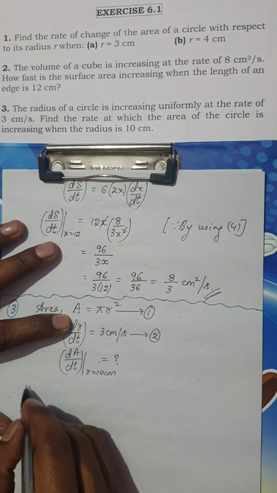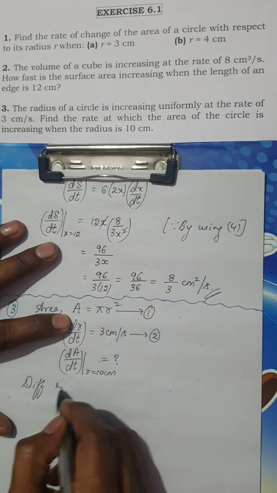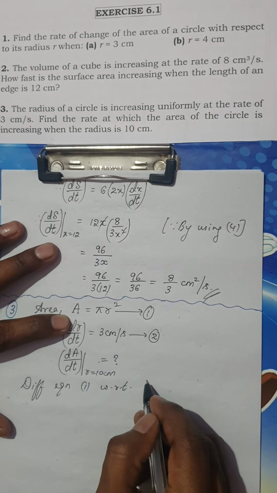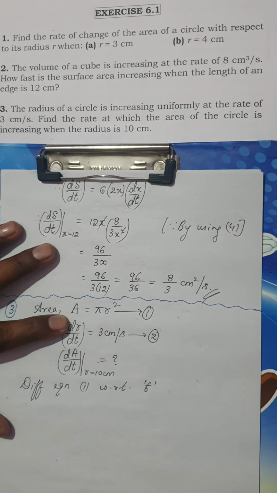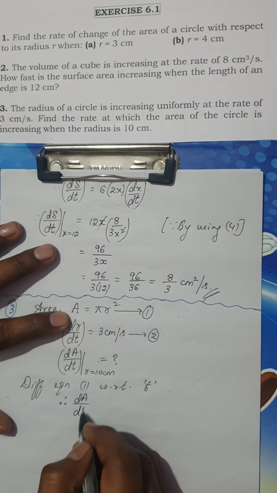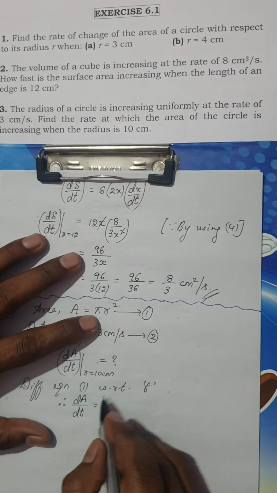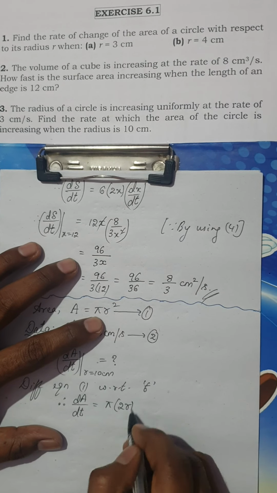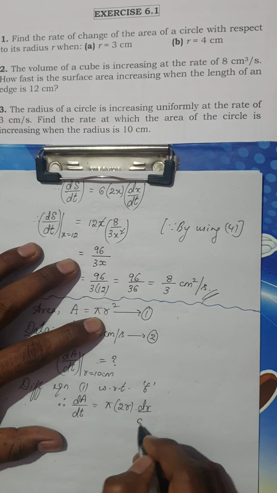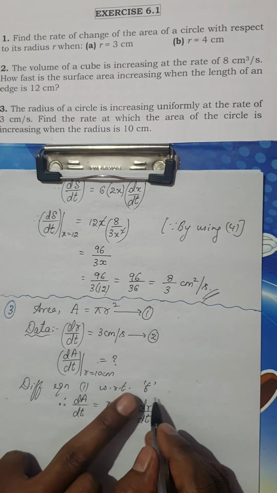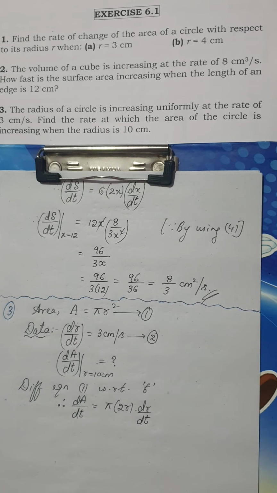So let me consider equation 1, differentiating equation 1 with respect to t. Therefore dA by dt is nothing but pi is a constant, the derivative of r square is 2r into dr by dt. The reason is we are differentiating with respect to t, which is time.